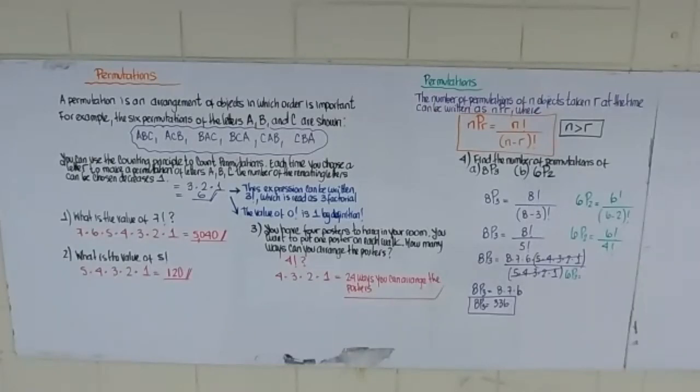O sea, el mismo proceso, pero la respuesta te va a dar diferente. Sí, ahora sí hay que cancelar. Entonces solo te queda 30, sería la respuesta, correcto. 30 les va a dar la respuesta, pero lo vamos a hacer despacio.